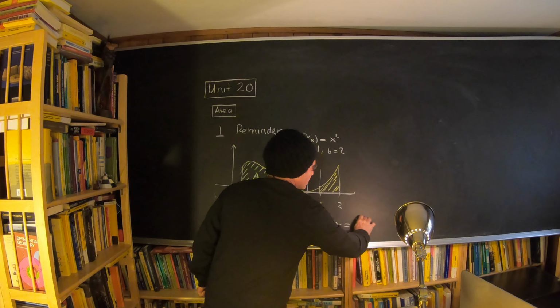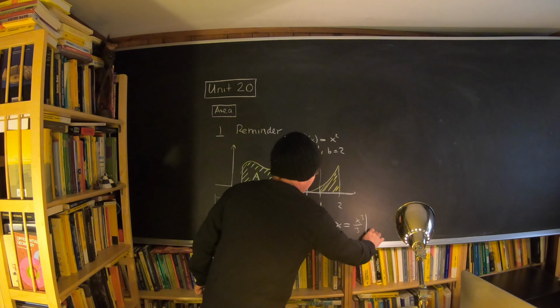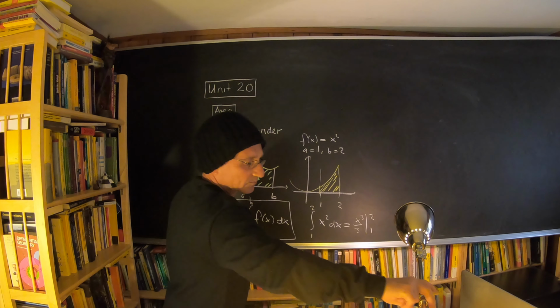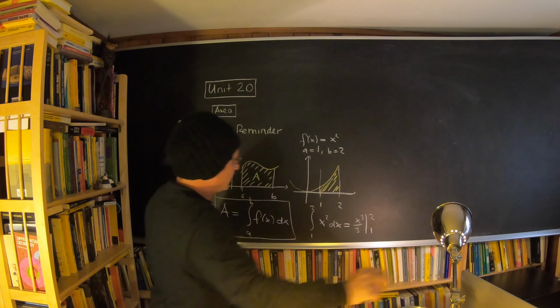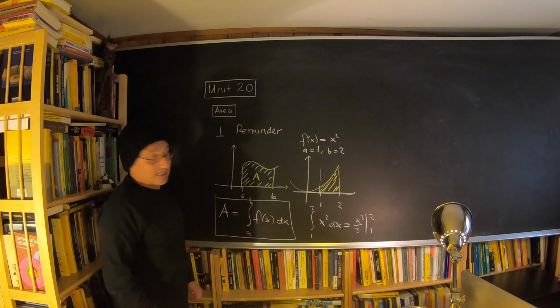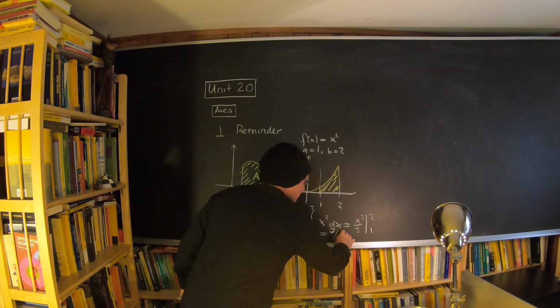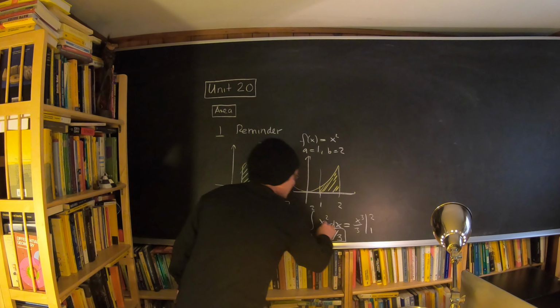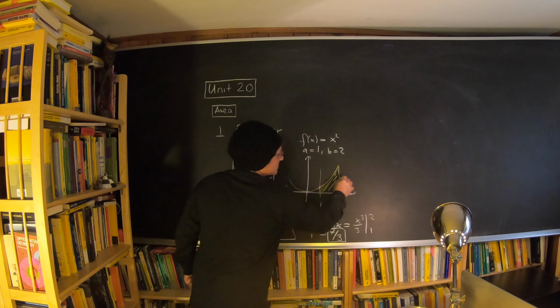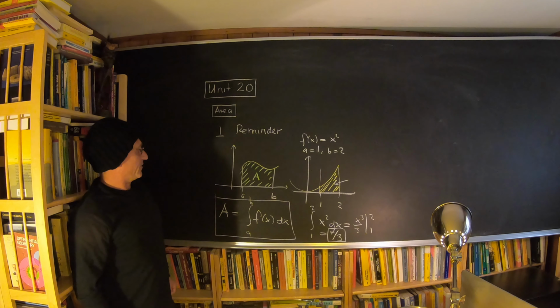That's x cubed over 3 evaluated from 1 to 2. When we look at that, that's 8 minus 1, that's 7 thirds. So this area here is 7 thirds.